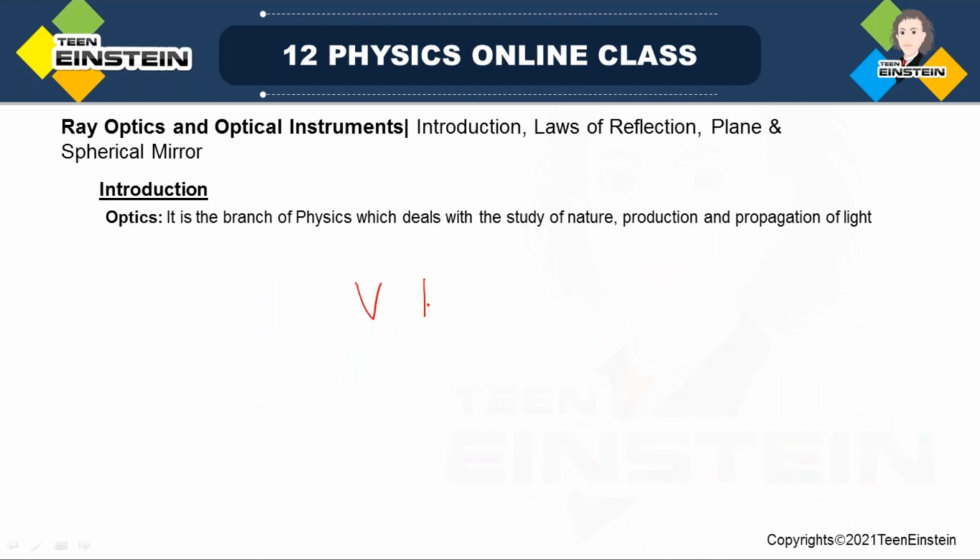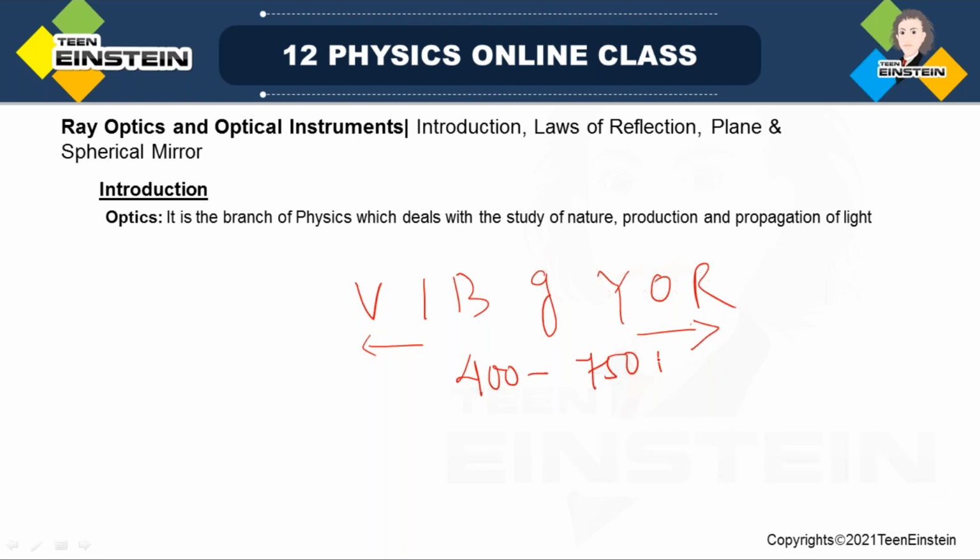Okay, we have VIBGYOR, right? The 7 colors we detect with our eyes. These 7 colors are coming under the 400 to 750 nanometer wavelength range.